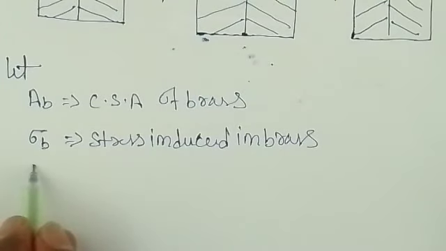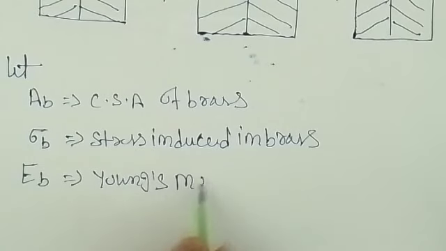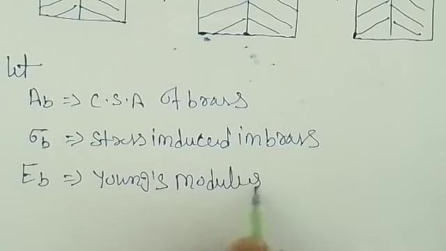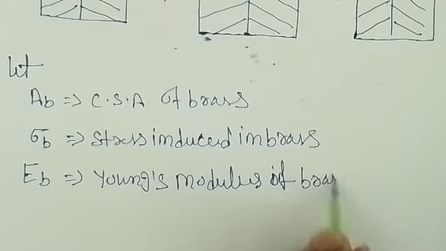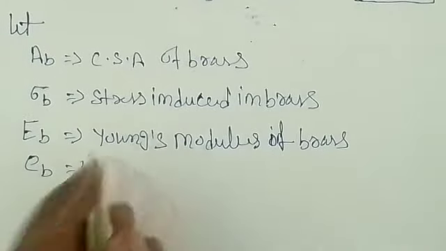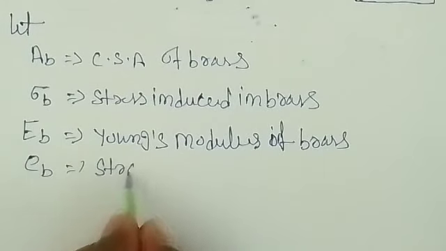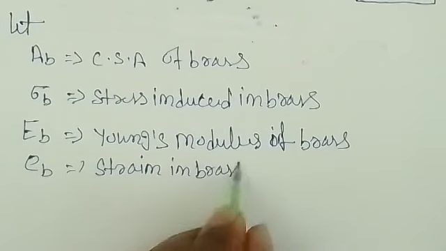Capital EB is the Young's modulus or modulus of elasticity of brass, and small eb is the strain in brass.